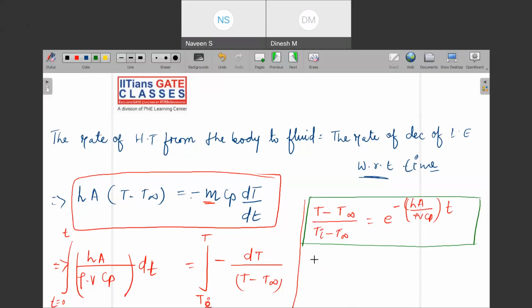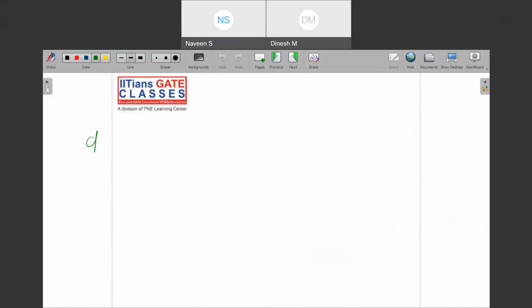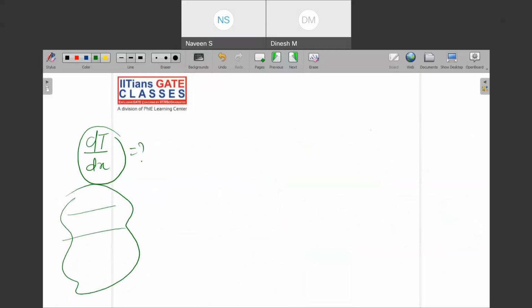One thing you can see is that I have not assumed the temperature to be a function of space, like we could have written dT with respect to dx. What I have indirectly assumed is that there is no dT upon dx.